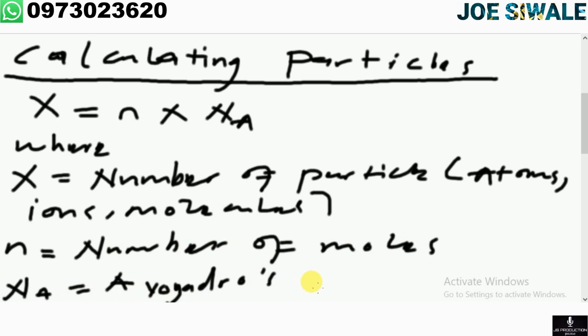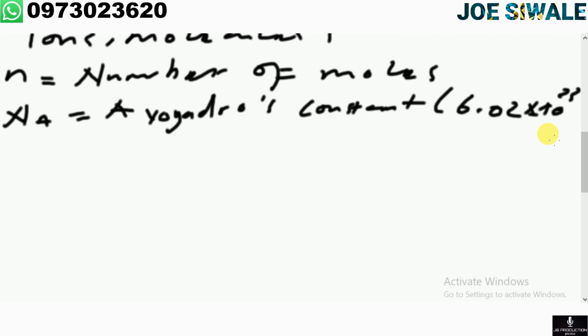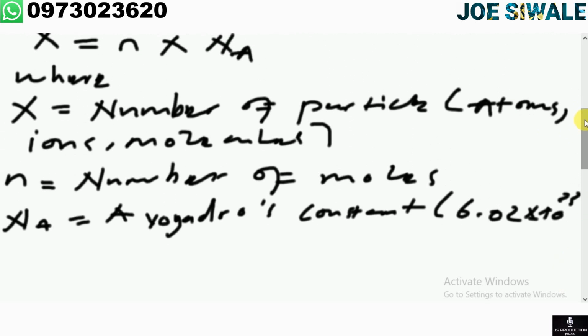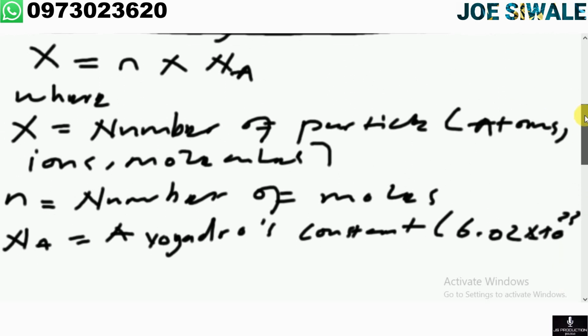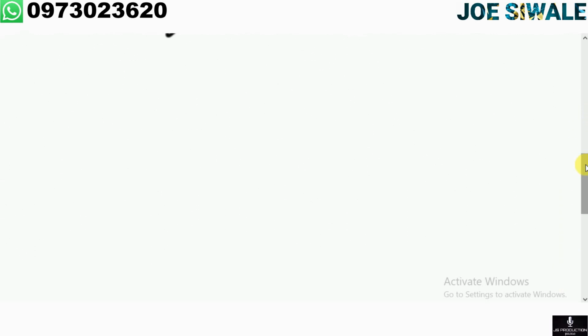Avogadro's constant, and this is given as 6.02 times 10 to the power 23. So that's the formula that you need to know. This is just a simple formula, so you need to know this formula for you to calculate the number of particles.